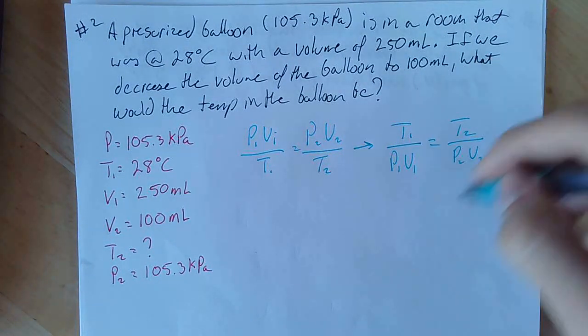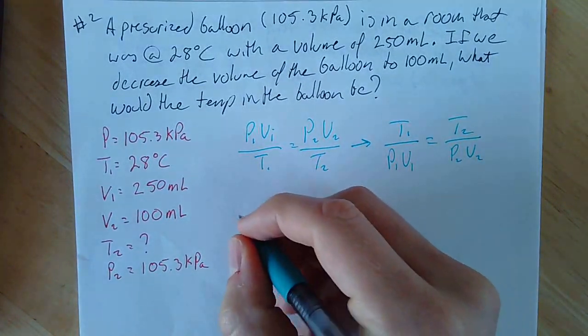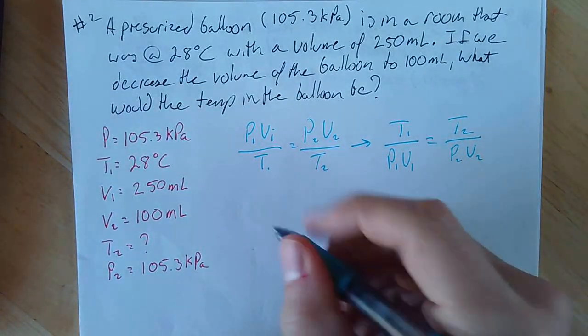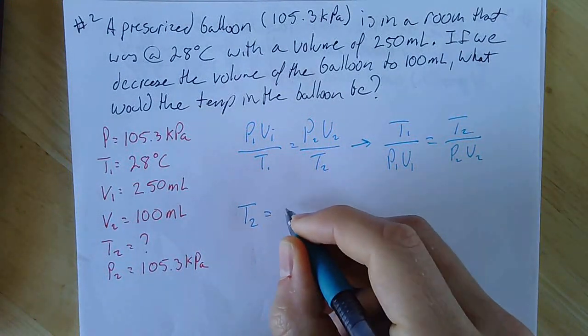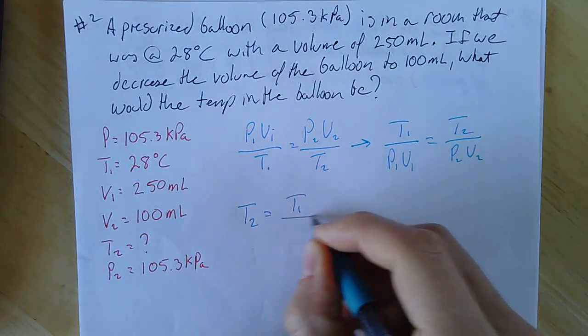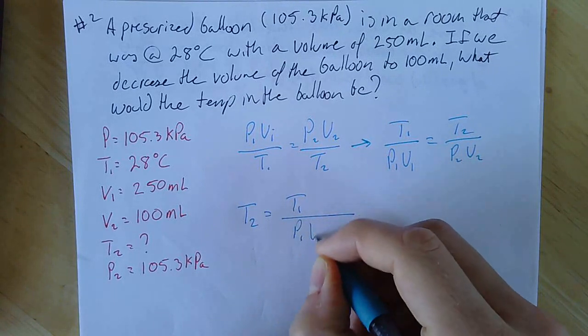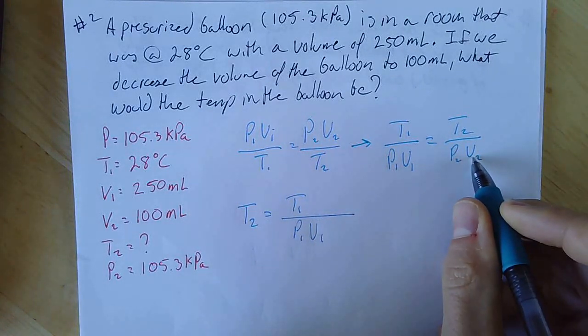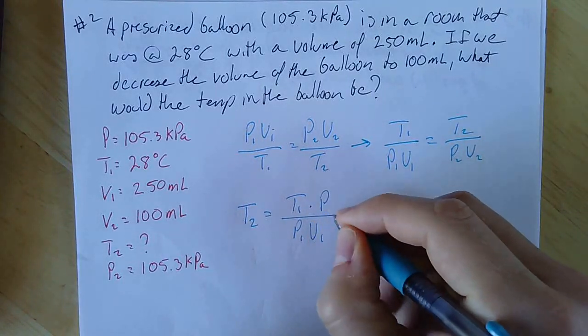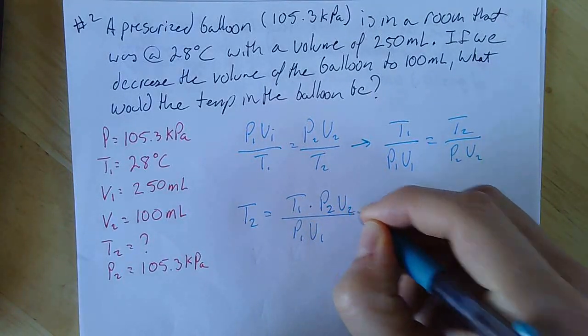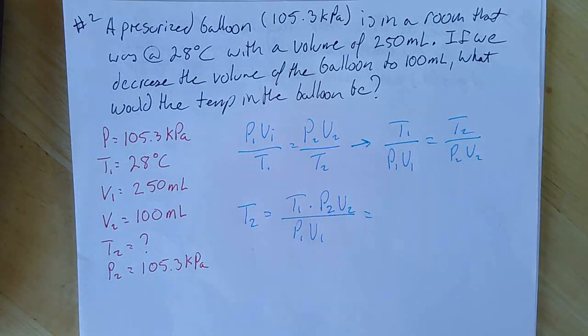So I'm going to write my equation solving for T2, because that's what I want, is equal to T1, P1 V1 on the bottom, and P2 and V2 cross multiply at the top.